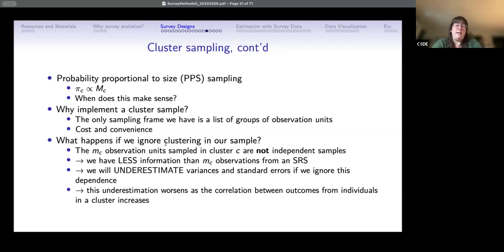It's quite likely that the observation units within the clusters will have outcomes that are correlated to one another. This underestimation of the variance is going to be worse the higher that correlation amongst responses within a cluster is for observation units.